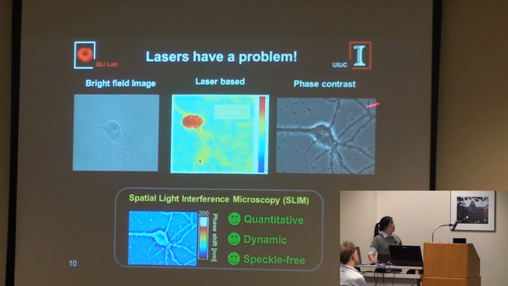Phase contrast greatly enhances the contrast, but it cannot directly get the phase. So in our lab, we developed spatial light interference microscopy, and it's quantitative and dynamic, and due to the white light source, it's speckle-free.